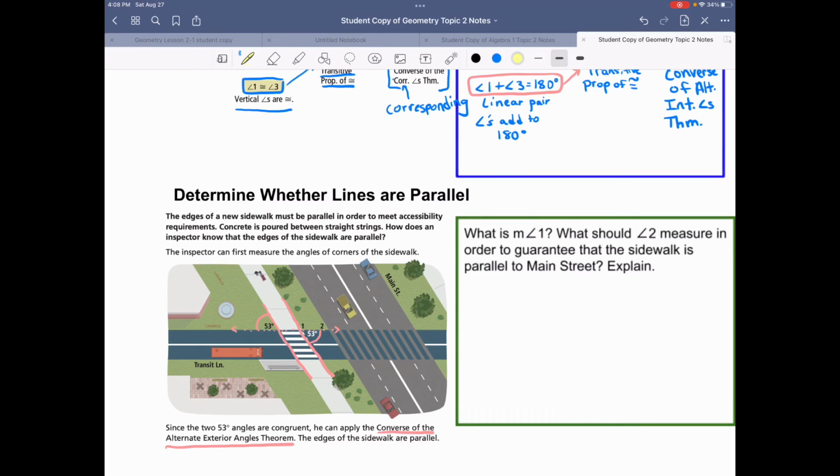We are looking at angles 1 and 2, and we want to know if this is parallel to this. And we will use the same transversal that we used before. So we're going to be talking about those two angles. And those two angles, if they're parallel, are same side interior.